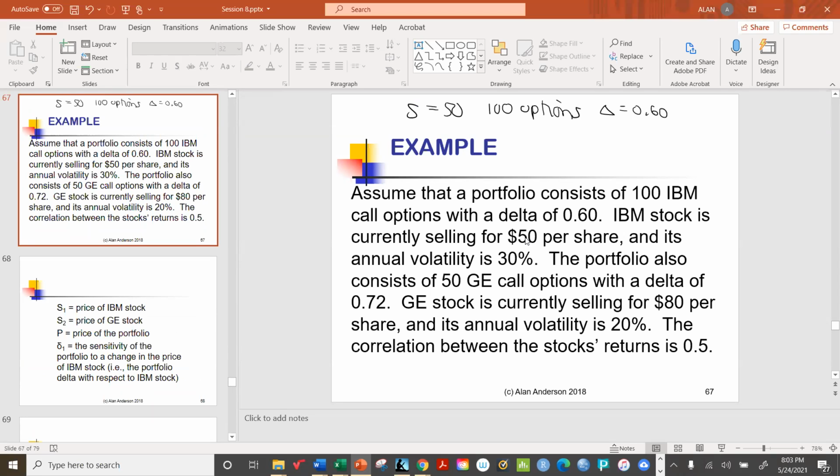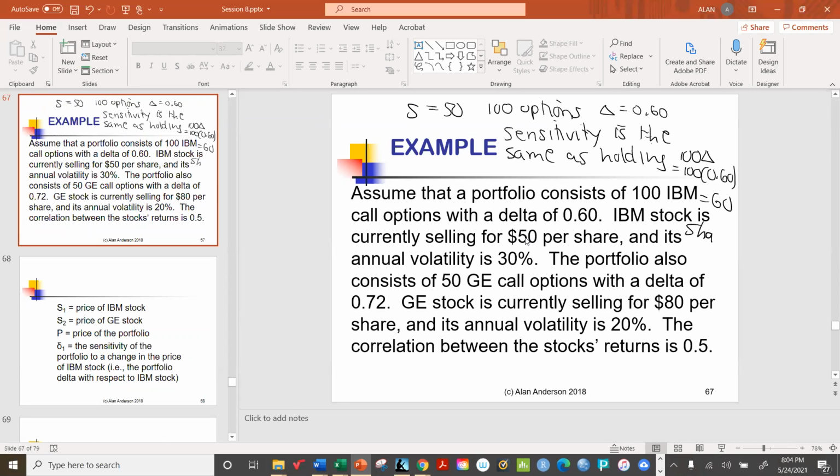What that means is that the sensitivity of this call to changes in the stock price is the same as holding 100 times delta, or 100 times 0.60, or 60 shares of the stock.